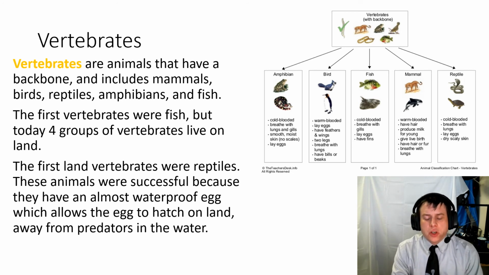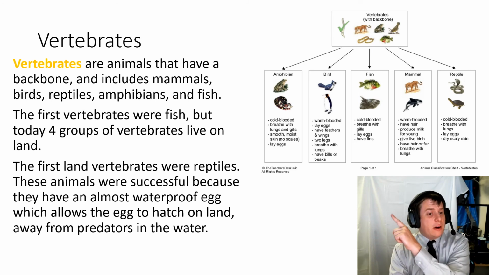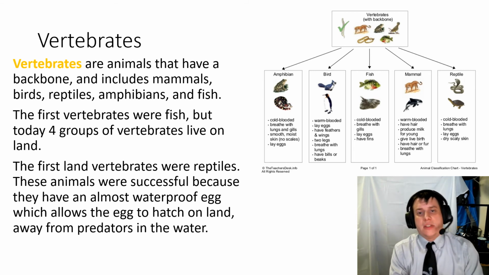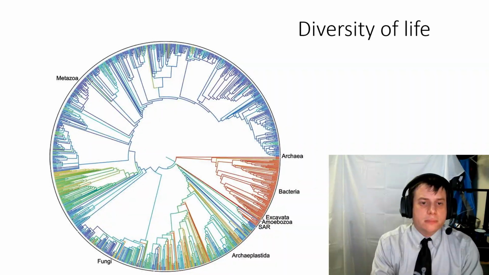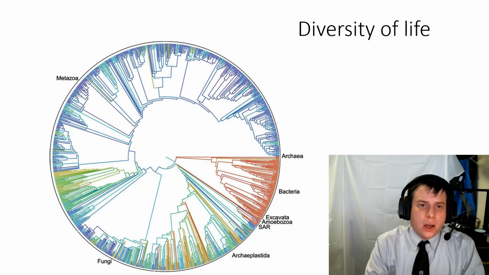These are the first animals that lived entirely on land, their whole life cycle, not just part of their life cycle. Unlike amphibians over there in the corner, which spend a portion of their life cycle in the water. So, that's where I want to leave you.